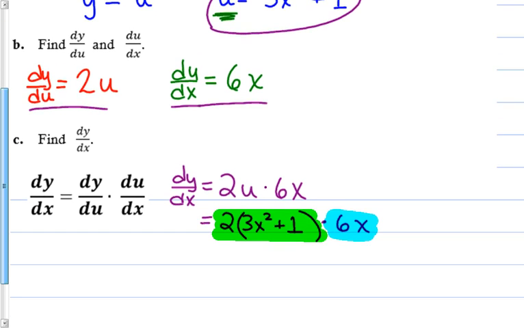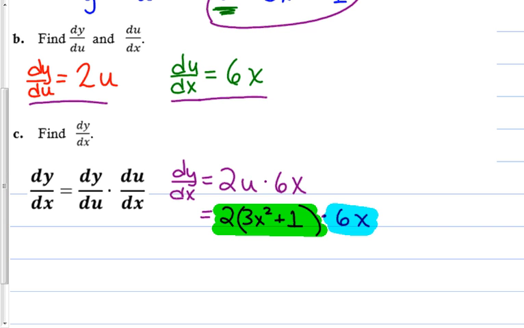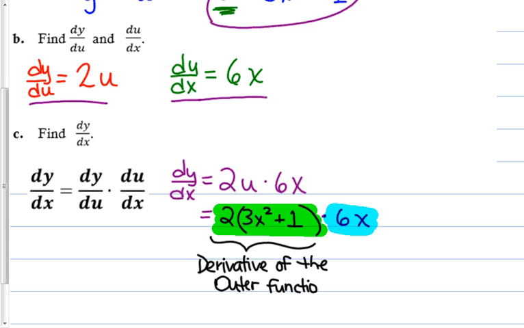So basically, what I have here is the derivative of the outer function, which was the squared part, times the derivative of the inner function.